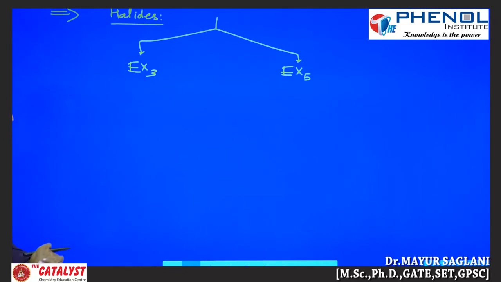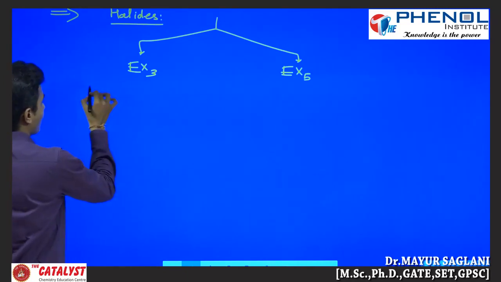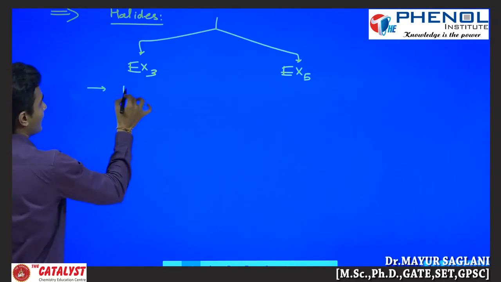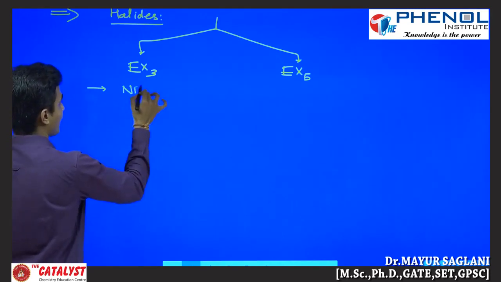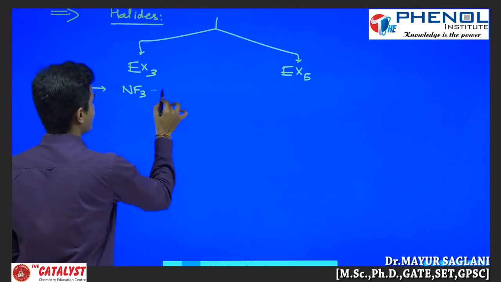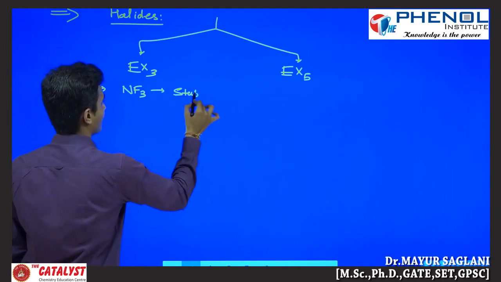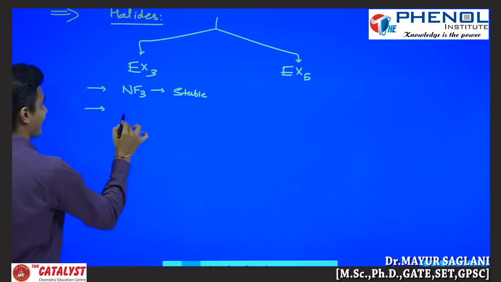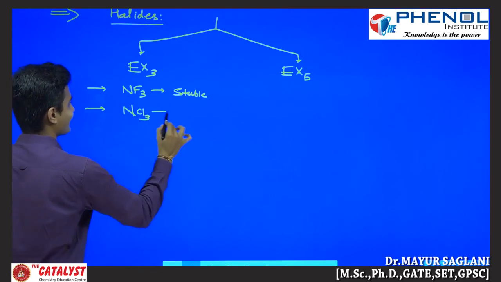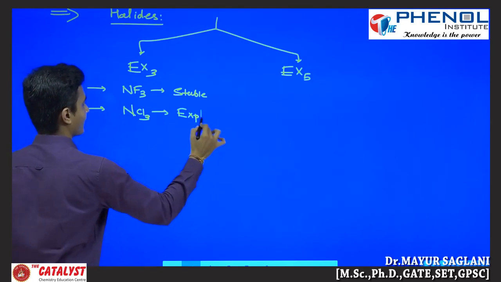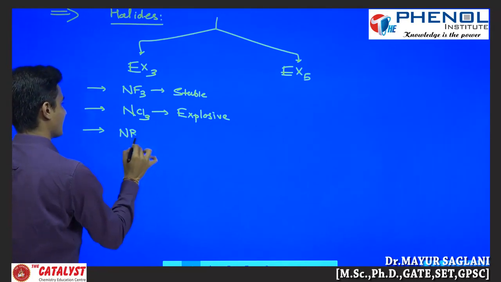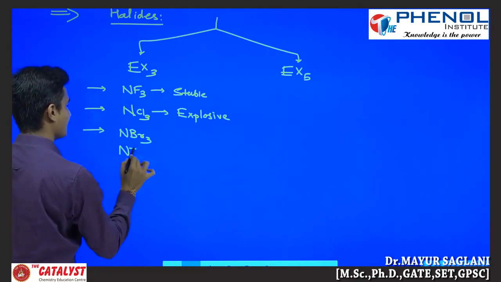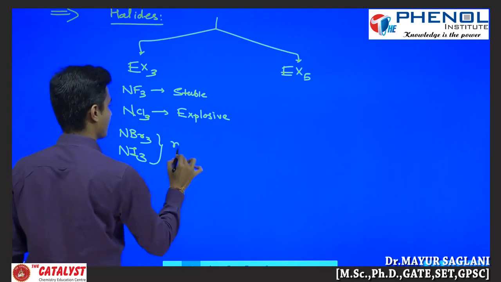If we talk about nitrogen, then nitrogen only forms NF3, which is stable. NCl3 is explosive. NBr3 and NI3 are not stable.